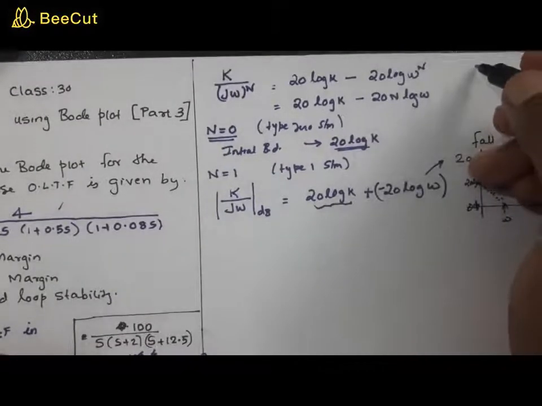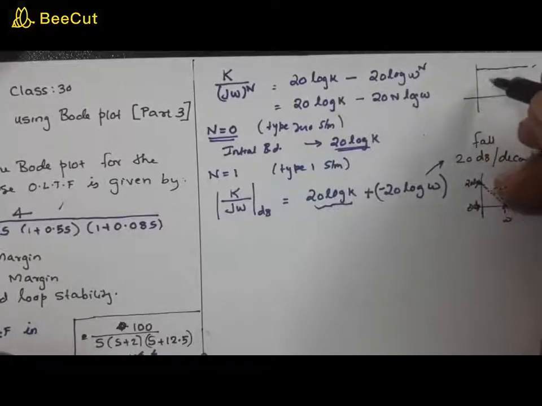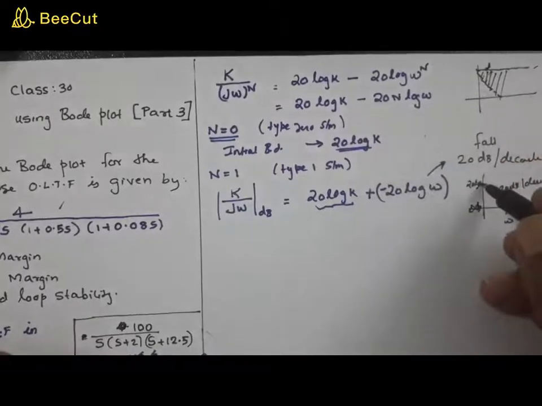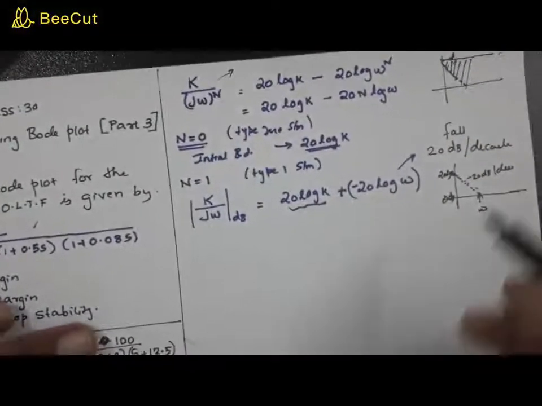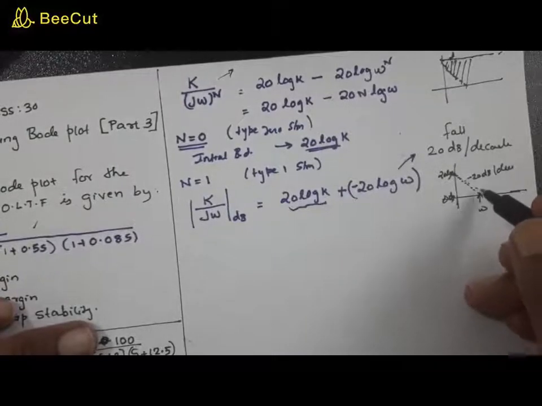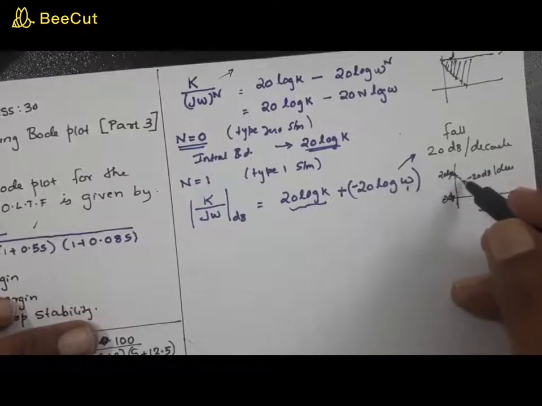When you combine the constant and this term, there is always a reduction at every point, so that it follows this right from the beginning. That's why I told you this k by (j omega) raised to n determines the initial slope of the Bode plot. Now the question is, at which frequency this varies, because as omega varies, this is a fall.